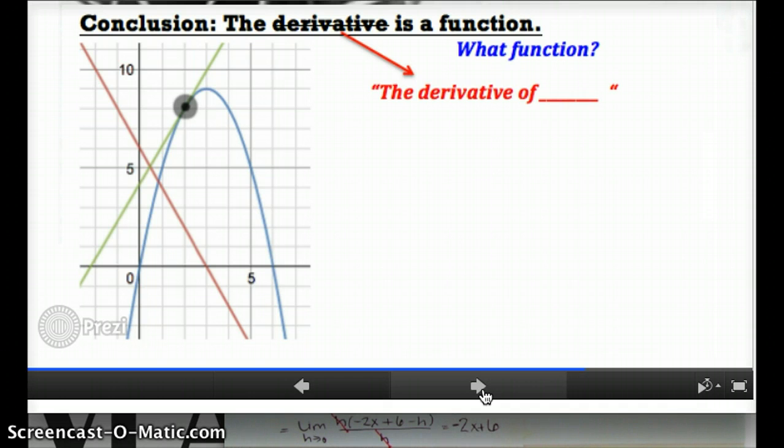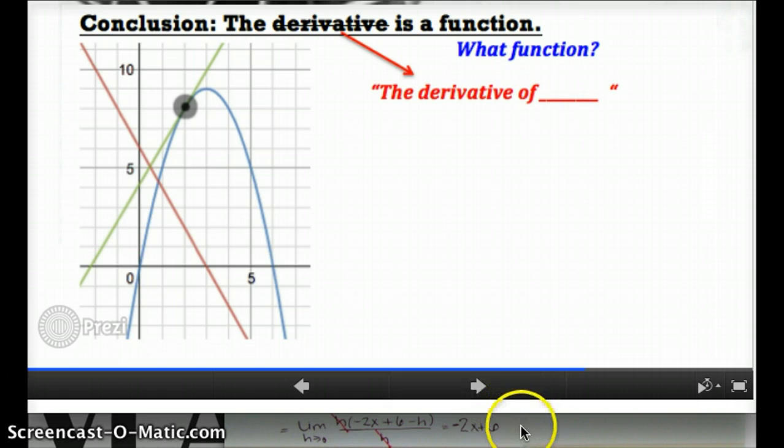If I say, tell me who the best friend is, you would say, wait, Miss MV, that doesn't make any sense. Whose best friend? Just like that, when we say the derivative, we have to say the derivative of, and then tell me what function you're starting with. Once you know the function you're starting with, then you can say, oh, the derivative is this other function.